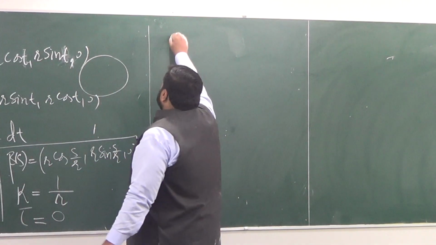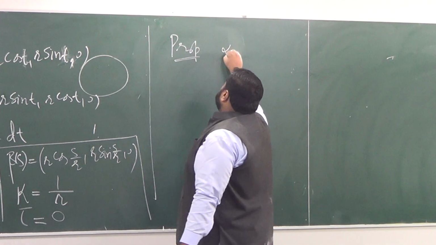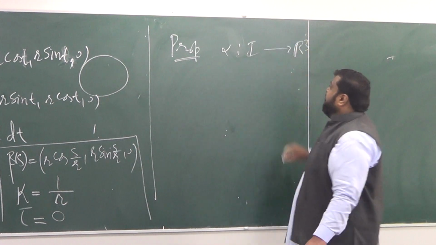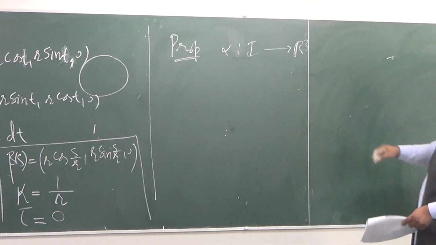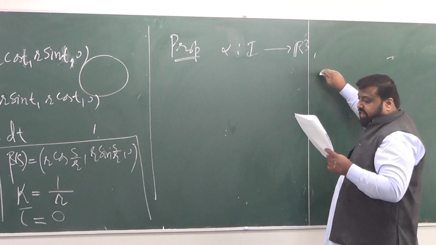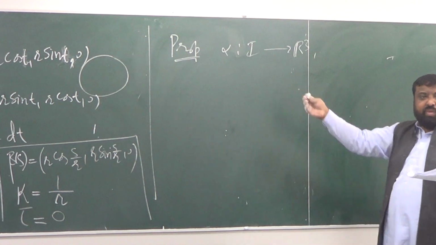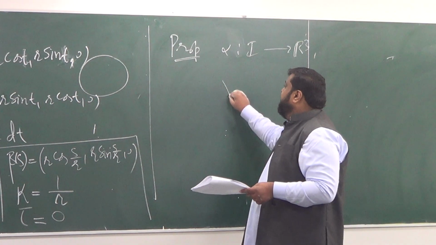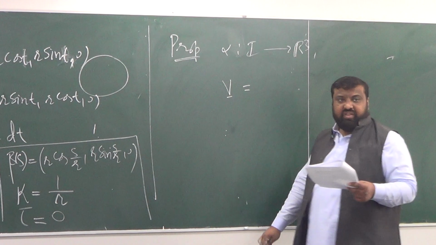Okay? So proposition. Imagine I have a curve alpha from I to R3 or Rn, whatever, with Frenet-Serret apparatus T, N, B, kappa and tau, and v is the velocity of the curve.